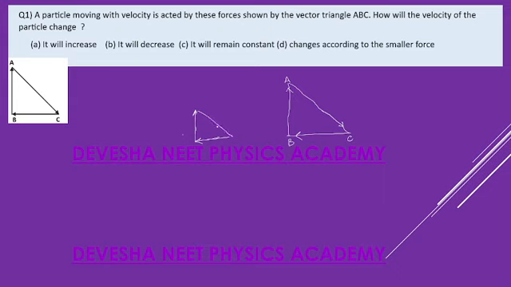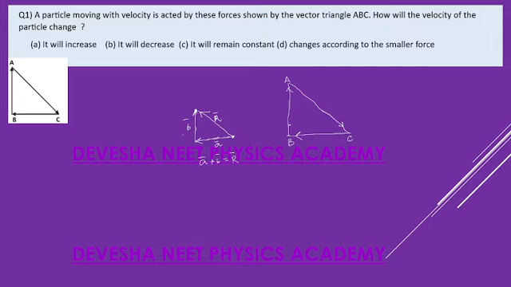I think you must be knowing that in our previous vector session, if you add these two vectors, vector A and vector B, the resultant vector will be in this direction from the starting point here. So this starting point and this ending point. So the resultant vector will be R, and this will be in this direction. So we can say that A plus B is equal to R, right?